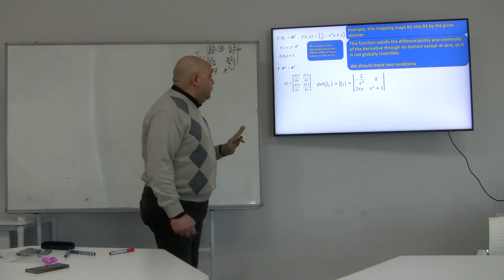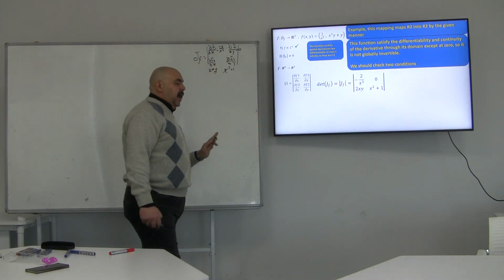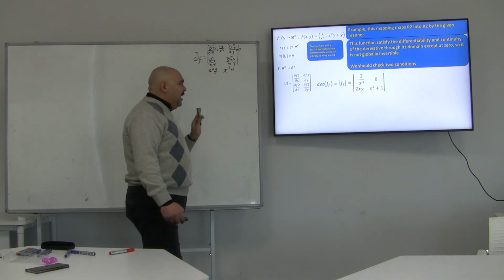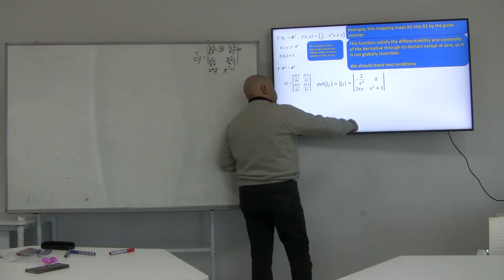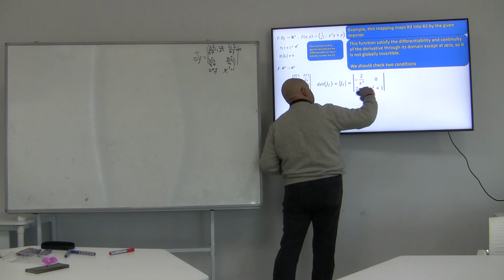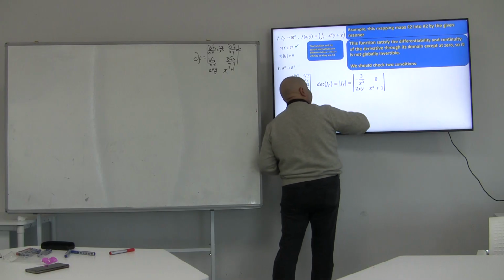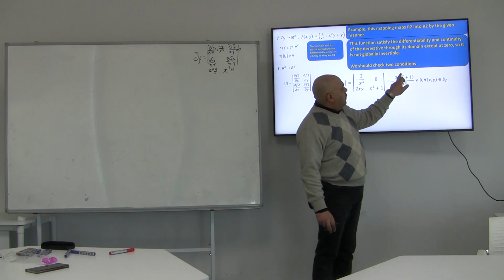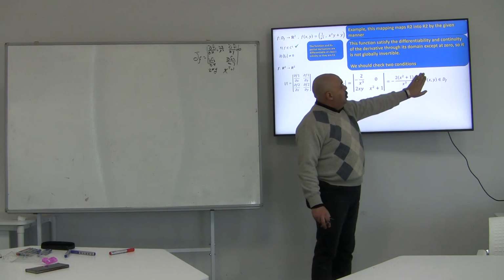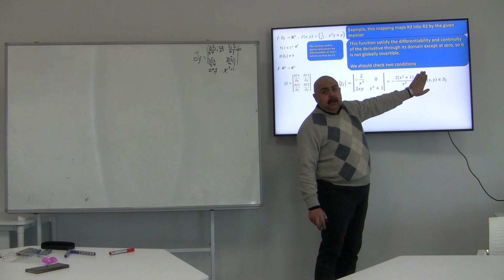Now I have the derivative, I have the Jacobian, and I can get the determinant of this Jacobian, which is very, very simple. Multiply the elements of the principal diagonal minus the elements of the secondary diagonal. So you will end up having negative 2 times (x squared plus 1) divided by x cubed. Of course, this value doesn't hit 0.